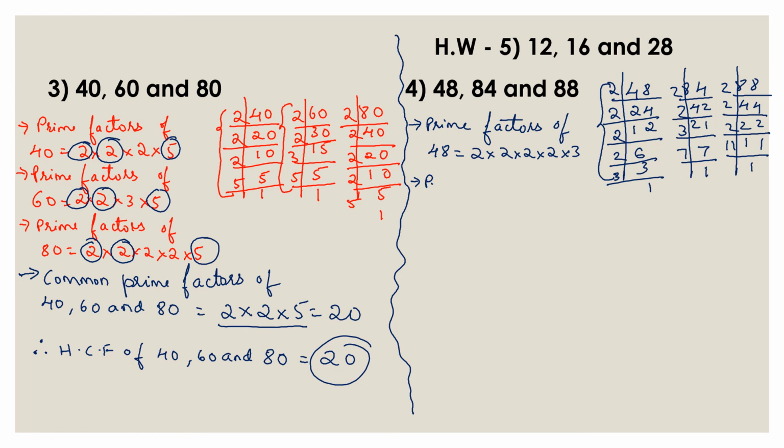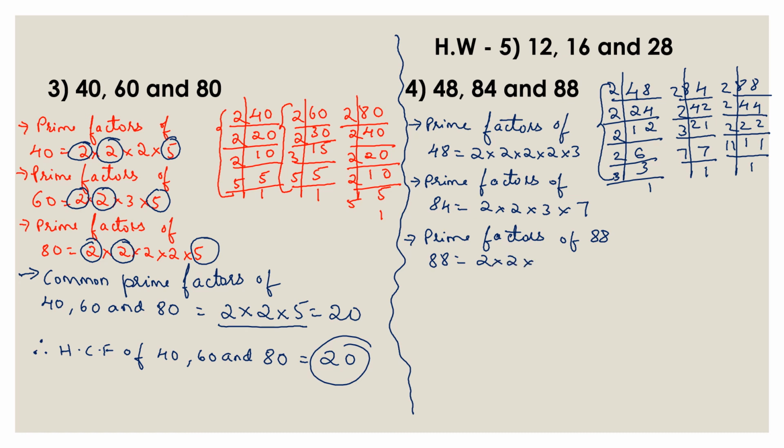Then prime factors of which number? 84. That is 2 into 2 into 3 into 7. Prime factors of 88. So which are the numbers? 2 into 2 into 2 into 11.